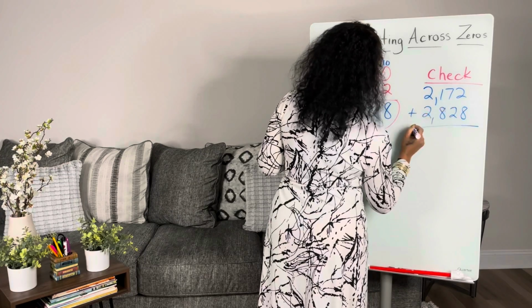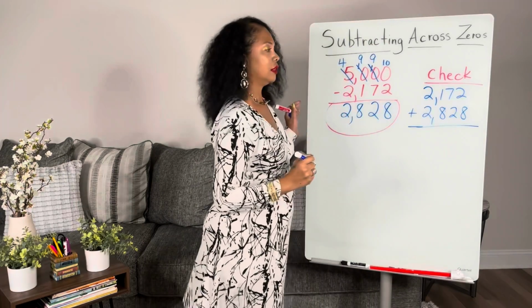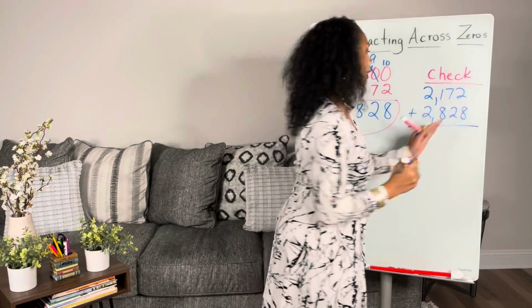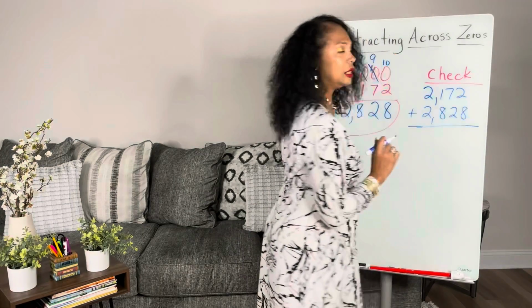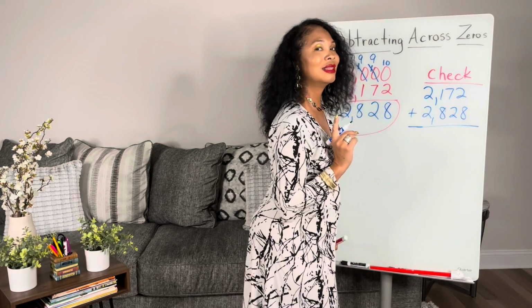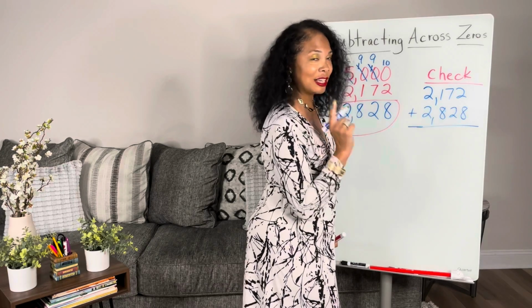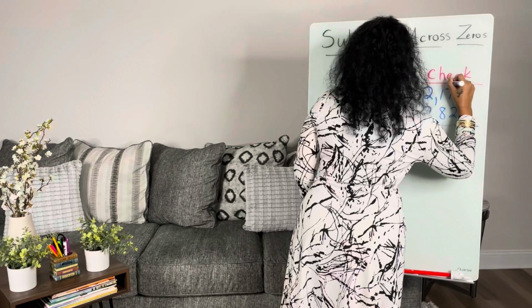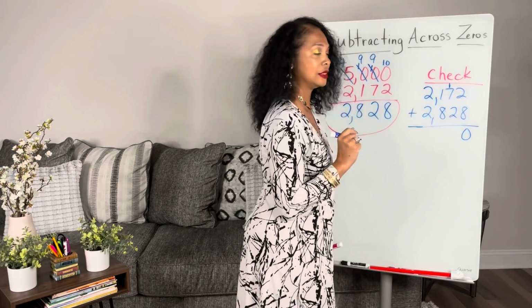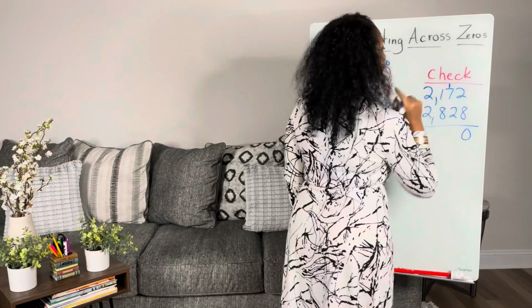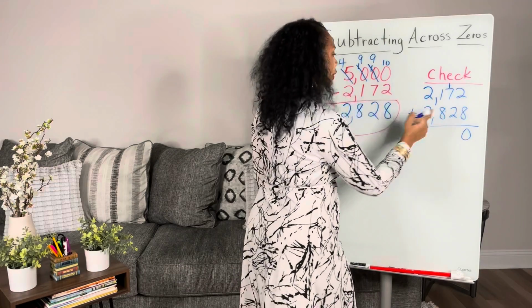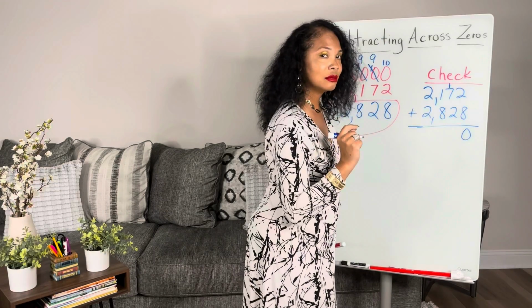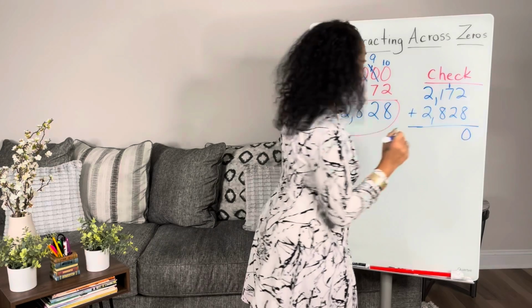All right, let's do an addition. So we're going to start on the right side. 8 plus 2 equals, that's right, 10. Write down our 0, and we're going to carry our 1 over to the tens place. 7 plus 1 is 8, and 8 plus 2 equals, you got it again, 10.